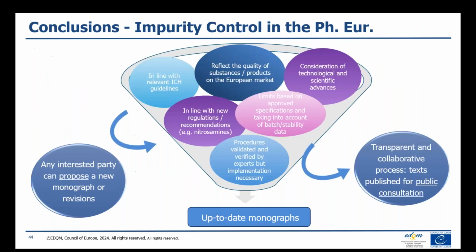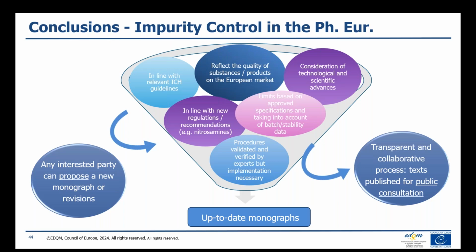So to conclude, there are several texts which mention the control of impurities in the European Pharmacopoeia, and the approach that we follow is in line with the different ICH guidelines. We also follow the new regulations and the new recommendations. For example, we update our texts based on the new recommendations for nitrosamines.